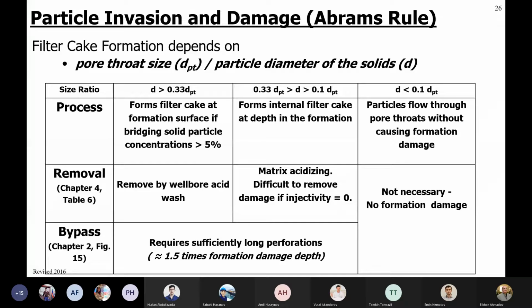To create a good filter cake, we need to follow the rule that the diameter of the particles should be more than 30%, or one third, of the pore throat diameter.